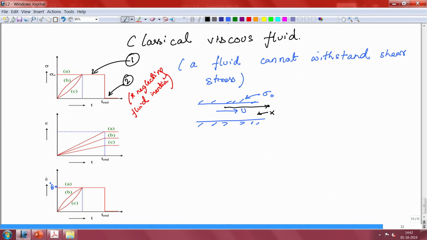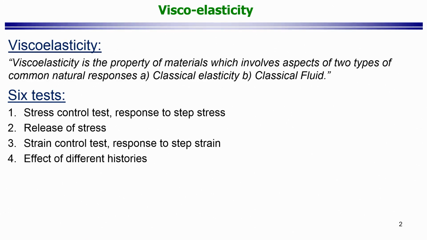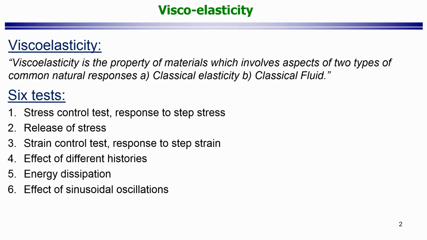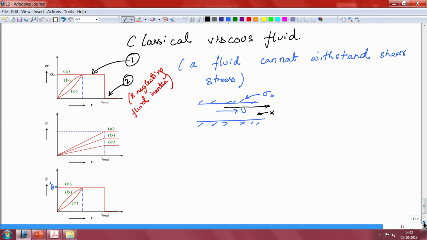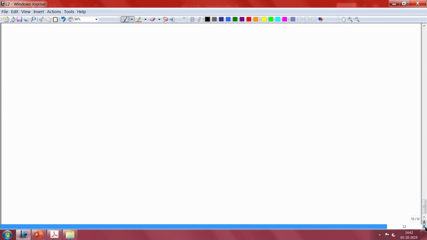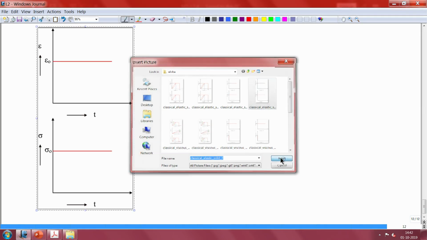Now, we have completed the two tests, right. But what happens to the third case where we apply a known amount of strain, right. That was, if you remember, our third test, the strain control test. So, earlier I had just written for you what the strain control test looks like for an elastic solid. So, I am just going to refer back to that for a minute.